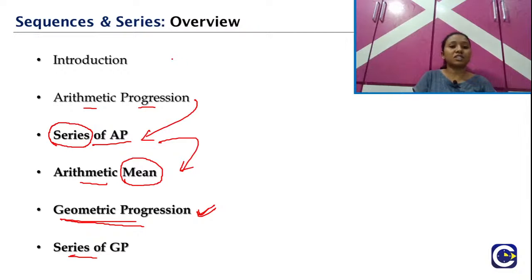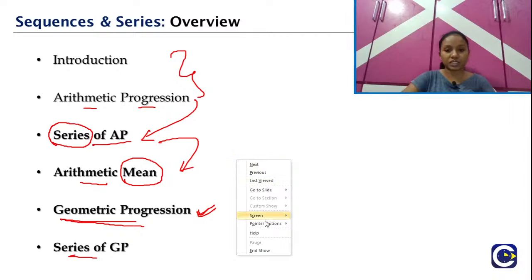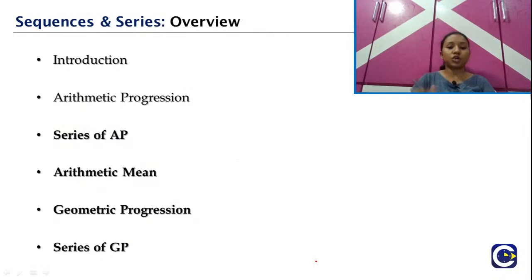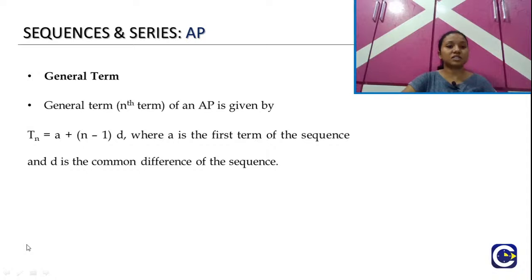These are the concepts which we discussed in our previous session, the arithmetic progression and the basic introduction to our sequences as well as series. Coming to today's session of sequences and series, we are going to start with the series of AP, right? And followed by arithmetic mean, geometric progression and the series of GP here. So let's just start our today's session.